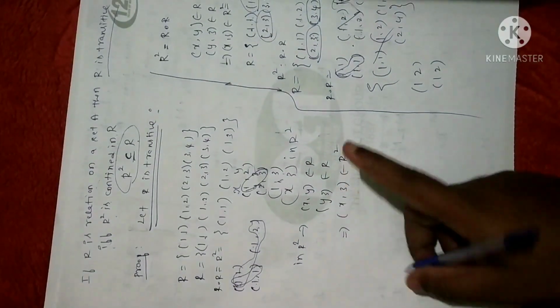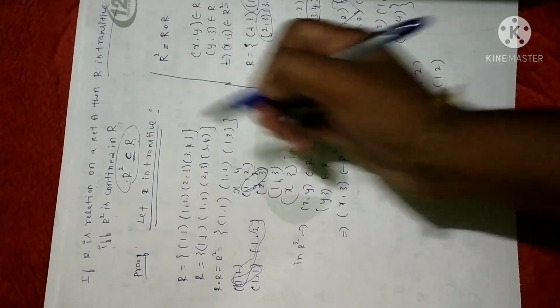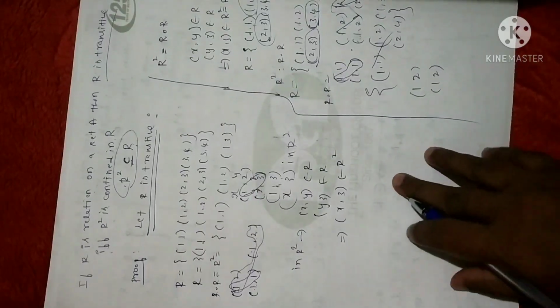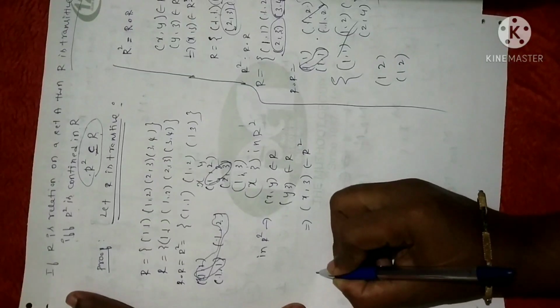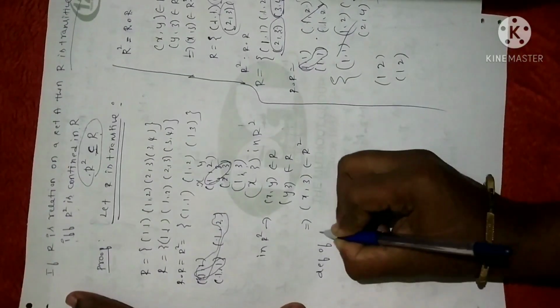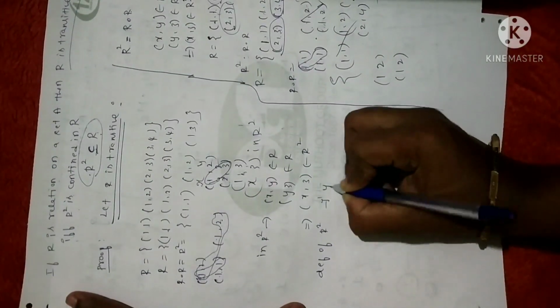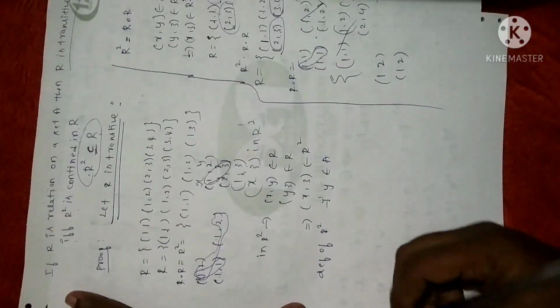Coming to the proof, I have chosen R as transitive. I have to prove that R square is a subset of R. Fine, now let me prove. By the definition of R square, let me take there exists an element y in the given set.